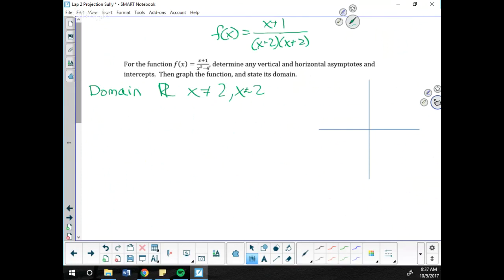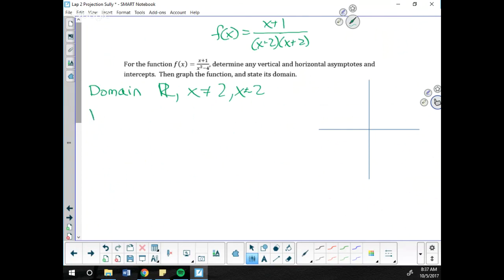Everybody agree? It's always going to be all real numbers, except where the denominator equals 0, and that happens at 2 and negative 2. The top will always give us everything. The bottom is where we take away things, so we can't have a 0 on the bottom.